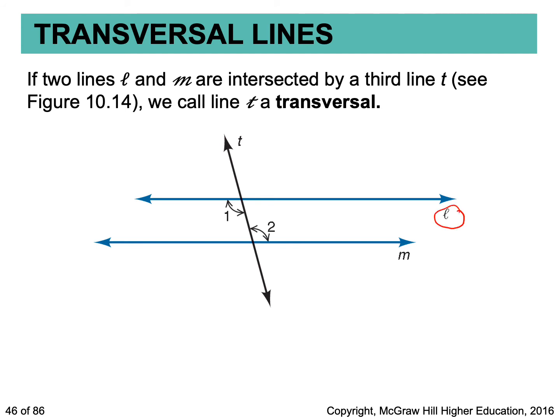Line L and line M are parallel. Line T is called a transversal. And so you have your vertical angles that are formed, but you also have several other angle relationships. Here we have alternate interior angles.